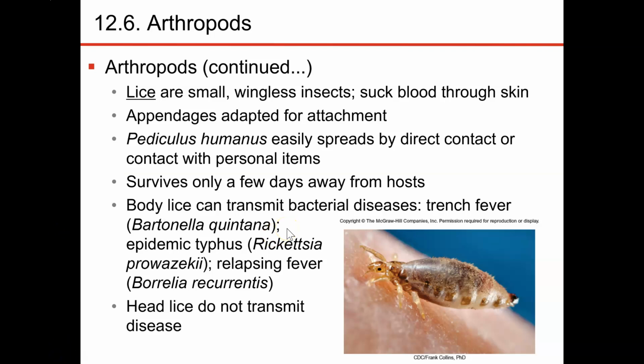Body lice, on the other hand, transmit different diseases. Examples would be trench fever, or epidemic typhus, or relapsing fever. The different bacteria that are spread from the body lice can cause these different diseases.